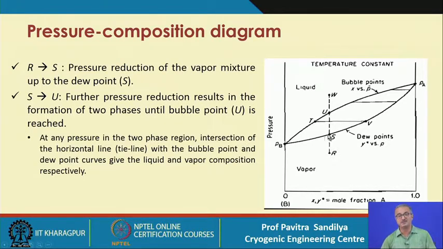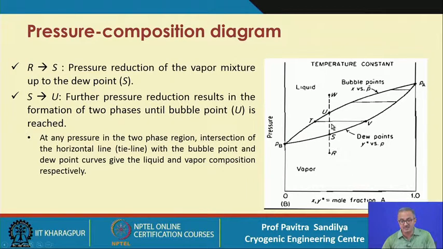Now, if we still increase the pressure beyond this dew point pressure, we find the two phases are formed, and here also we will find that in the two phase region I can have tie lines. That means if we are increasing the pressure very slowly, then we may assume that at each pressure there will be equilibrium between the liquid and the vapor phases, so that we can use a tie line to correlate the liquid phase and vapor phase compositions.